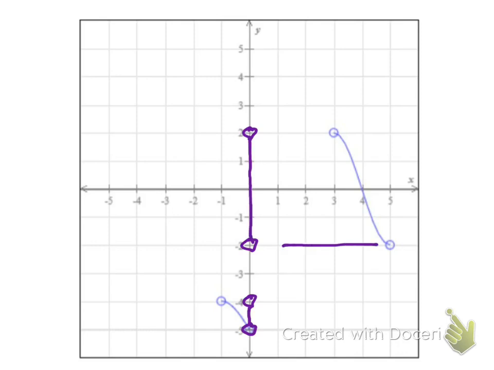Again, remember, we're just dragging this point over to the y-axis to see what happens. So my range, going from least to greatest, would be -5 to -4, union -3 to 2.